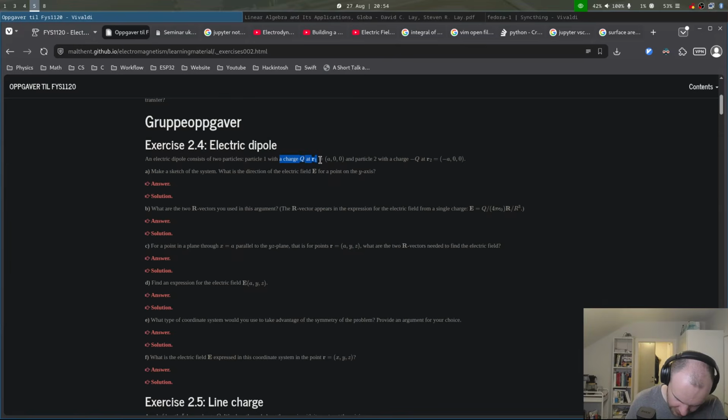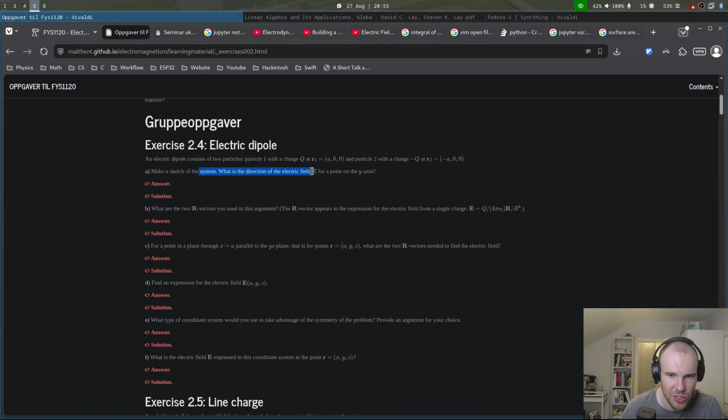They're both on the x-axis, so I should flip the system to x, y, and z, just like that. The first one, Q1, is at A. And the second one, minus Q, is at minus A, of course. So R1 is the positive one. Okay, make a sketch of the system.